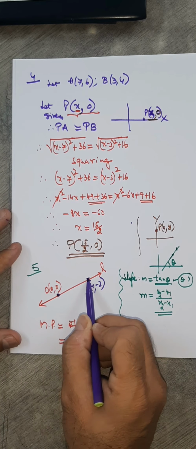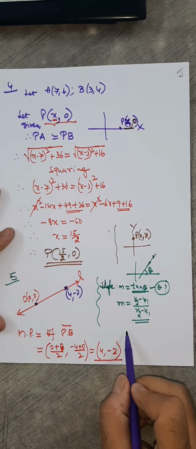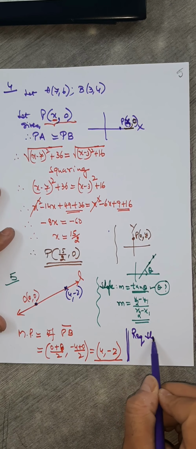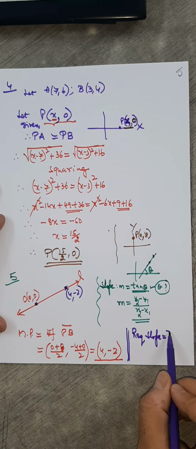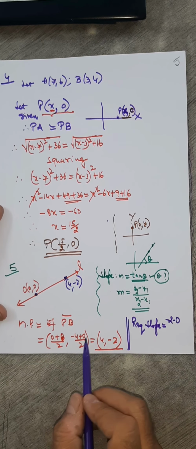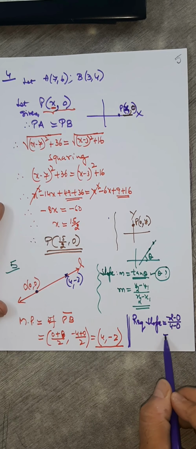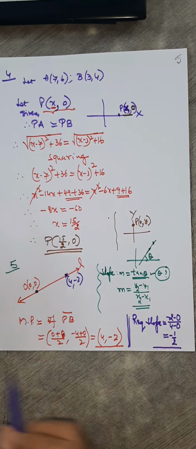1 point was here. So the required slope equals, how do we get it? y2 minus y1, that is minus 2 minus 0, upon x2 minus x1, that is 4 minus 0. So finally we'll get minus 1 by 2. That's the required slope.